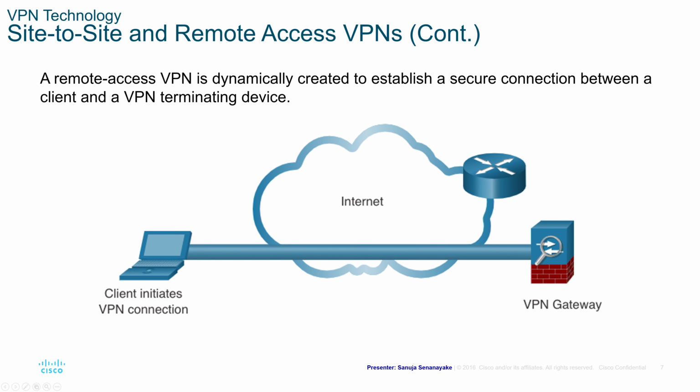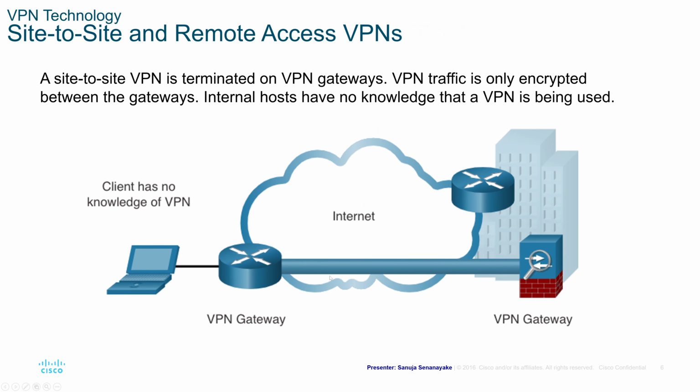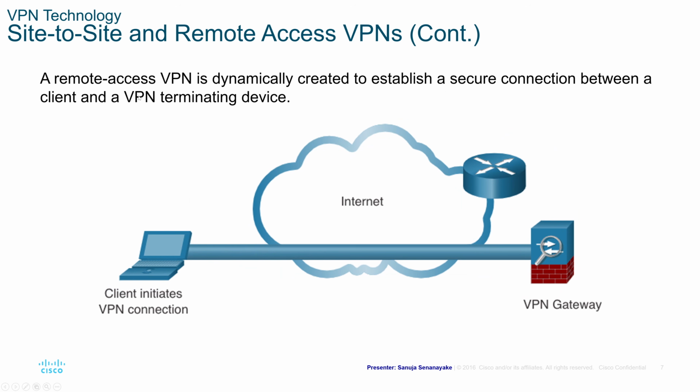Site-to-site VPN, in most situations where we have two VPN gateways, is used when you are connecting different campuses or different sites within your organization, as opposed to letting people go home during COVID. So they are usually the client-initiated VPN connections.